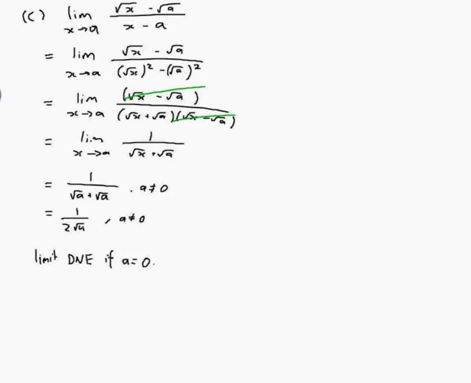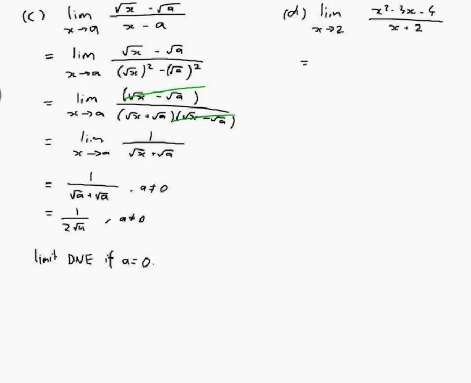I should be able to do part D now. So D, the limit as x approaches 2 of x squared minus 3x minus 4 over x plus 2.